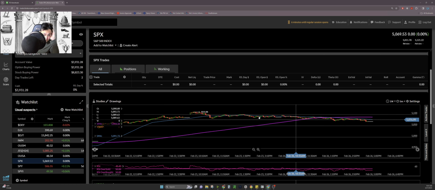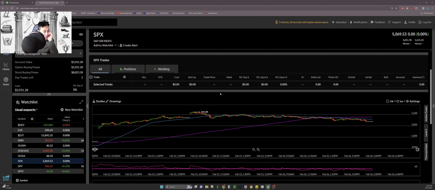The way this widescreen looks, it's kind of exaggerated and scrunched up. If you want to see what that looks like in a normal aspect ratio, let's see, chart.